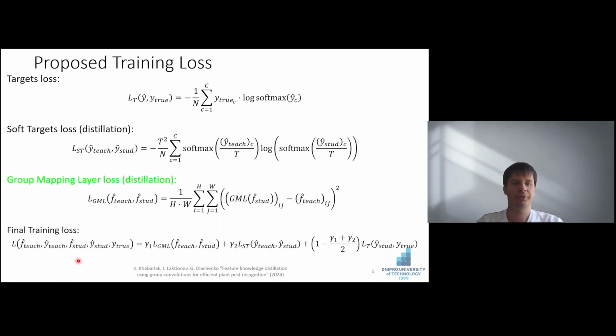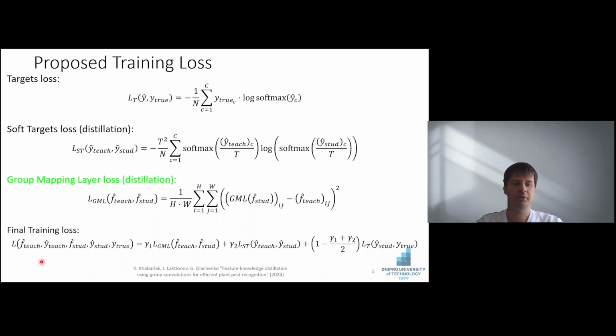And we use these three loss functions to formulate the final training loss. This is a weighted loss that is weighted by coefficients gamma 1, which corresponds to the group mapping layer, and gamma 2. And we also weight the supervised targets loss using the same coefficients as is shown in here.